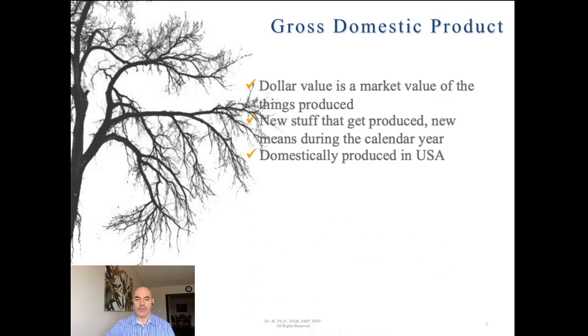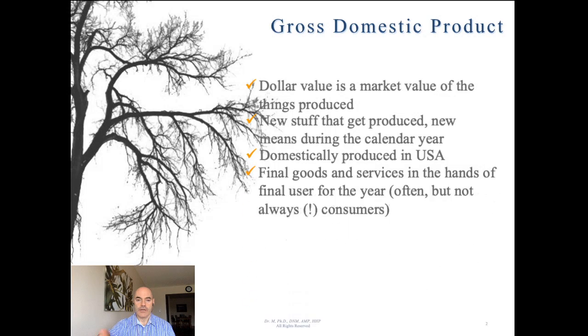Another part of GDP is domestically produced. If you want to measure GDP of the United States, then it has to be produced domestically in the United States. If you want to measure GDP of China, then it has to be produced domestically in China.